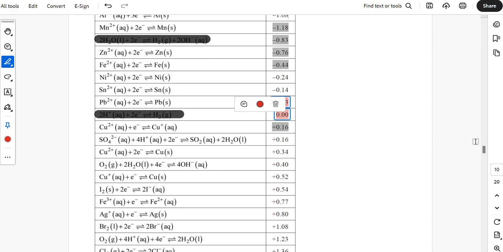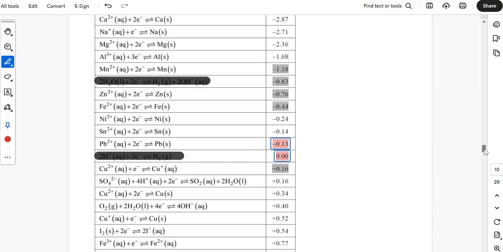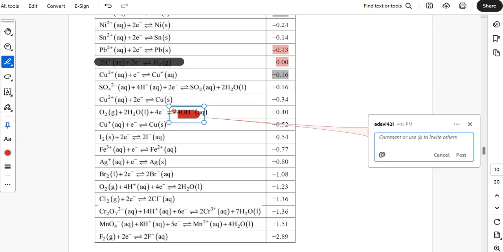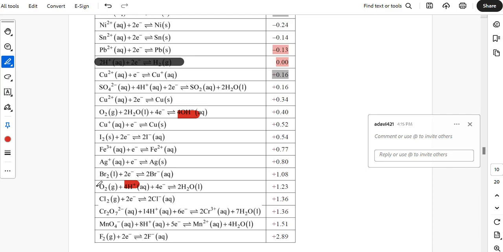Now go back to my data booklet and I'm looking for oxygen, the oxygen that has hydrogen ions in it. I've got this one here, but that one has hydroxyl. So going a little bit further down, I see that this one has hydrogen ions. This is the one I'm going to use as my cathode reaction.